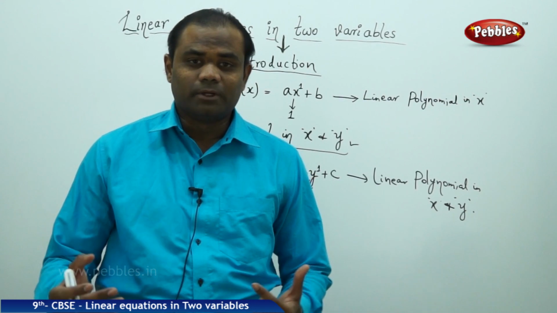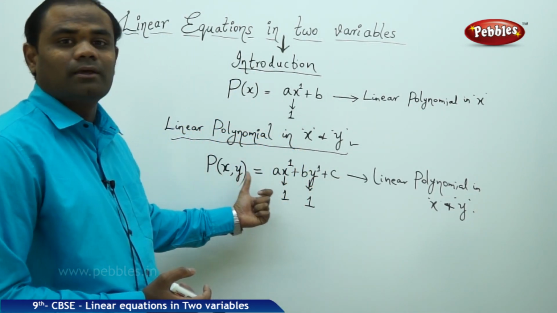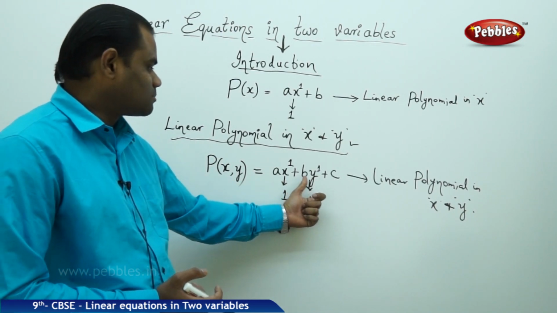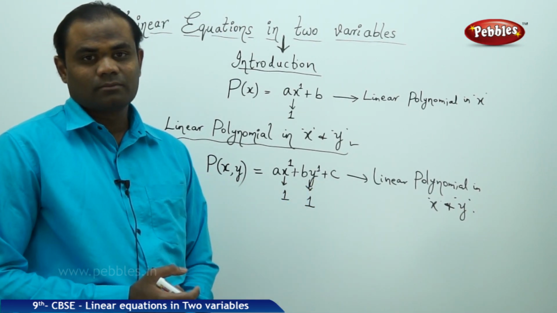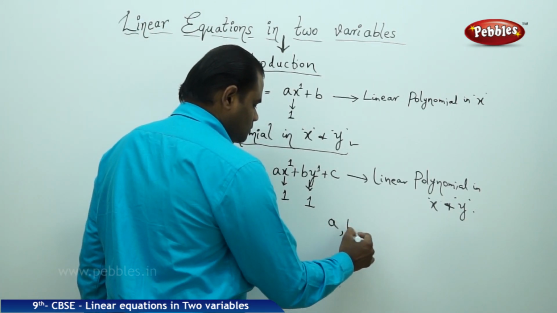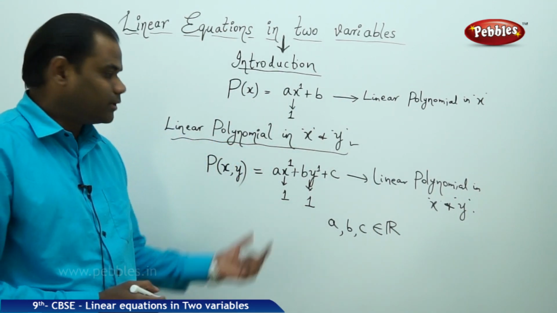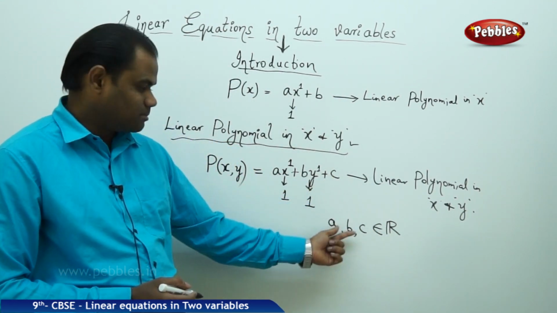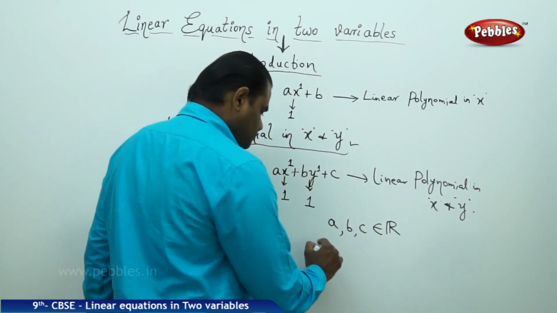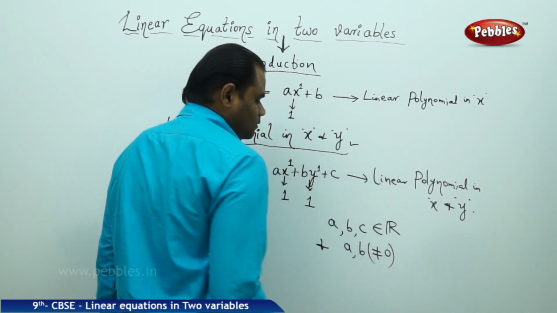the two variables here being x and y. A linear polynomial in x and y is defined to be p of x comma y equals ax plus by plus c, provided a, b, c belong to real numbers. The three constants or coefficients must be real numbers, and the second rule is that a and b should not be equal to 0.